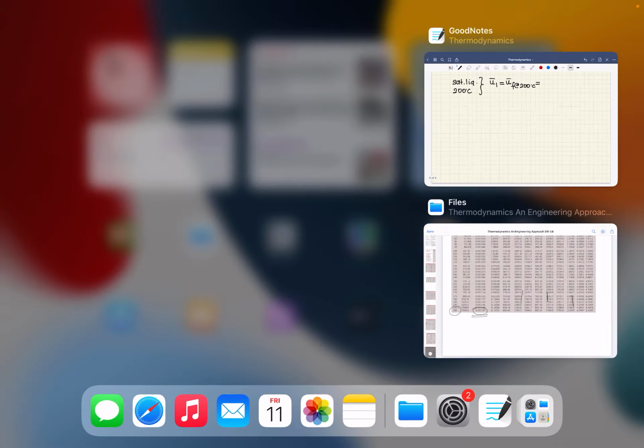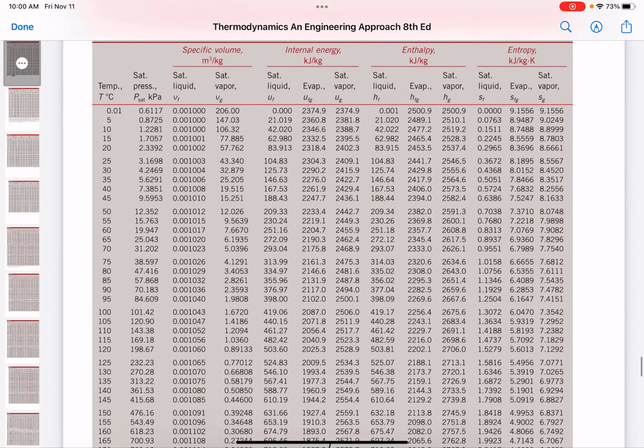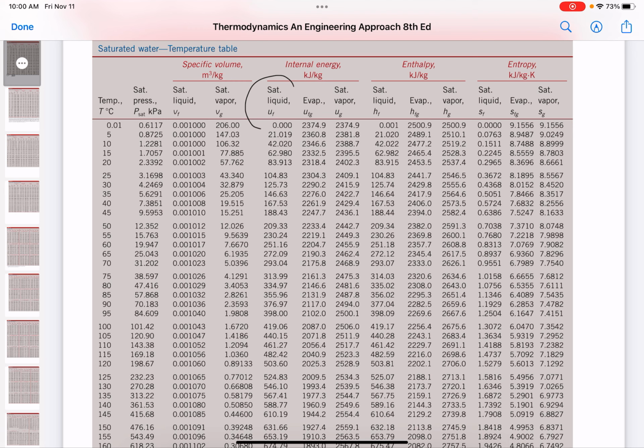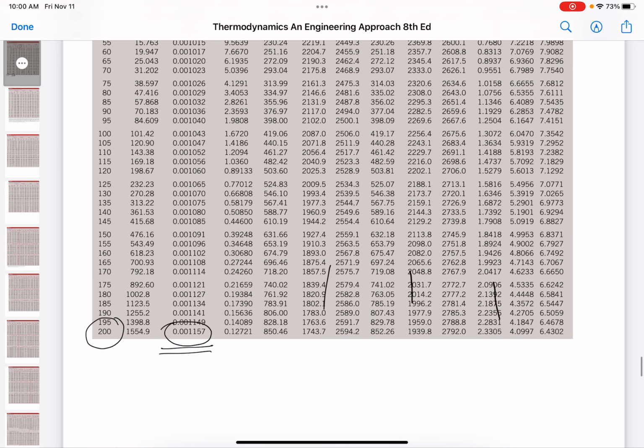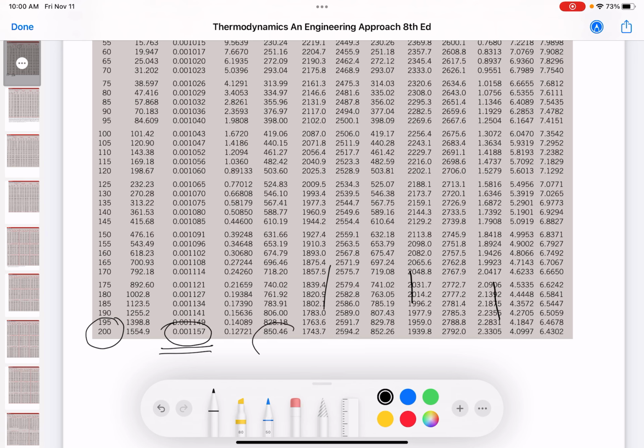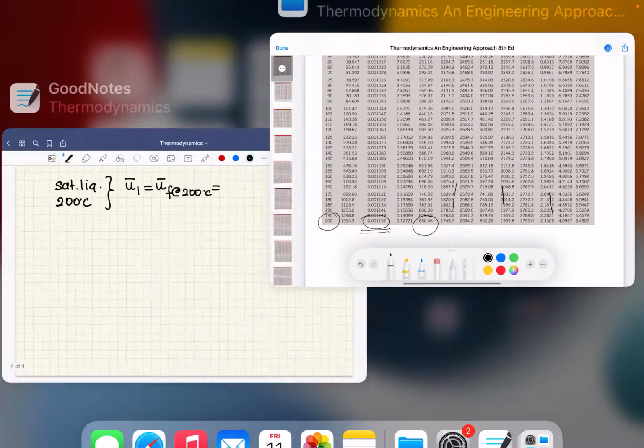Again, we go to our tables. At that temperature, we look at this column and go down. Here is the specific internal energy of that saturated liquid. Okay, we can write it down.